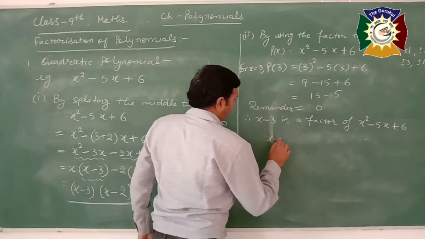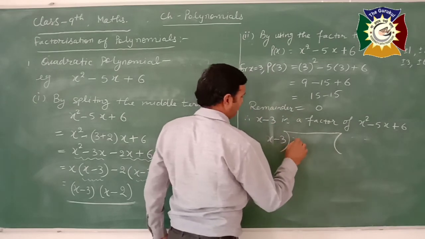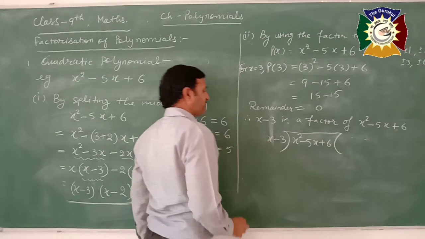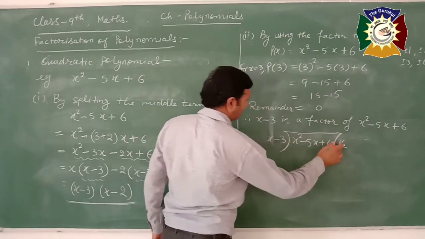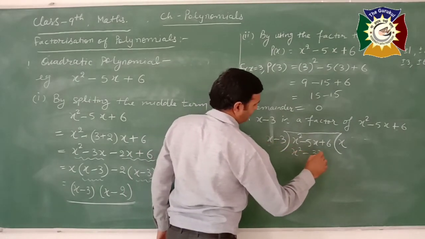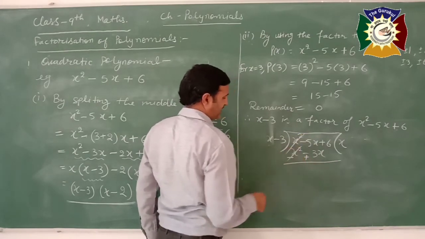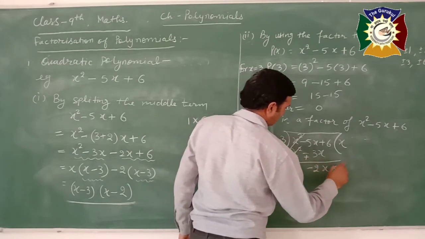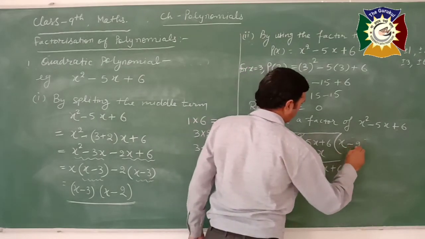On dividing the given polynomial by x minus 3, divide the first term by the first, we got x. On multiplying this x by the divisor, x square minus 3x, we will change the sign. First term cancels, minus 5x plus 3x is minus 2x, plus 6 as it is. Divide the first term by the first term, minus 2 we got.